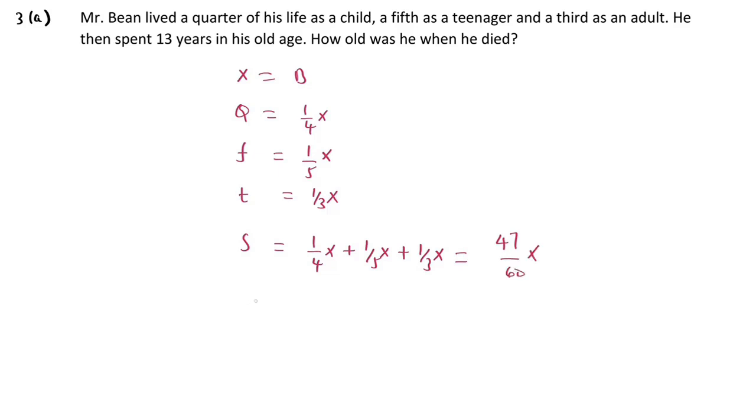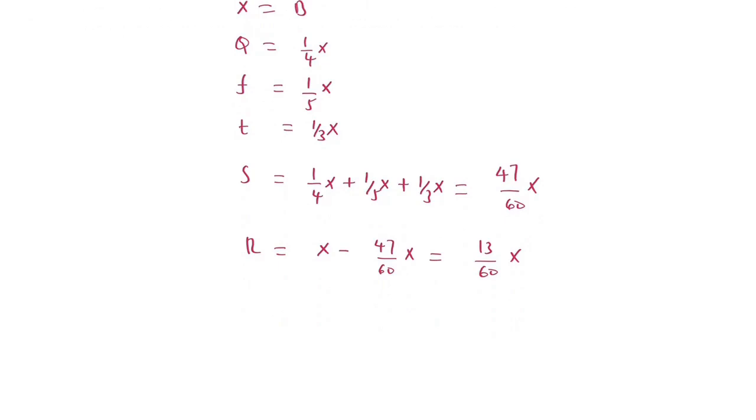Okay, so now let us find the number of years he spent in his old age. So remaining years will be x minus 47 over 60 x, which after solving the values we are going to have 13 over 60 x. But we have been given in the question that he spent 13 years in his old age. So we are going to equate this to 13.